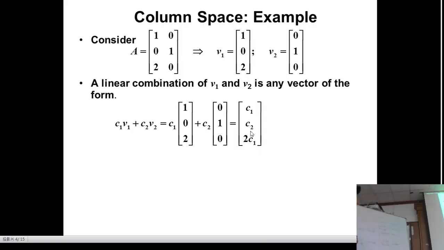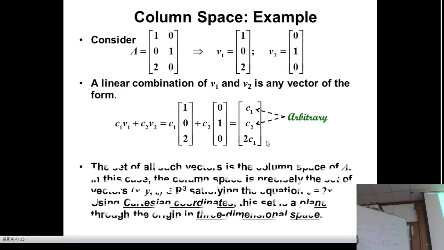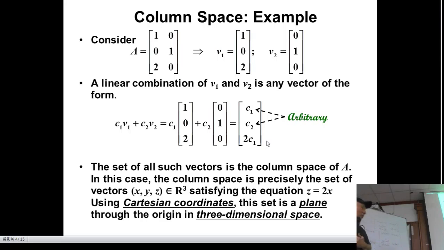Look at this: the first one and the third one are dependent, they are not independent. So we create a column space with 2 columns, and the rank of this is only 2.